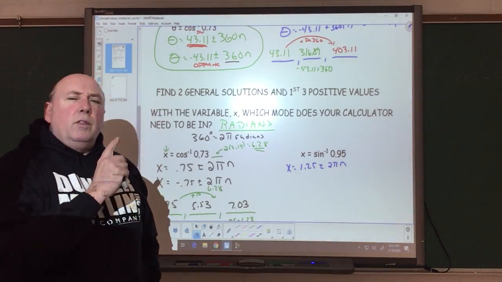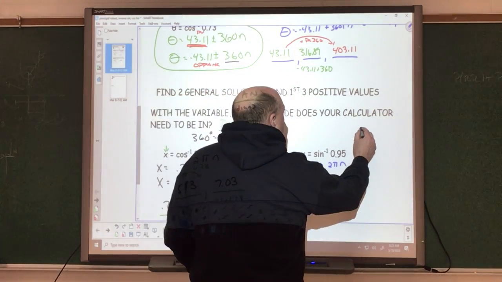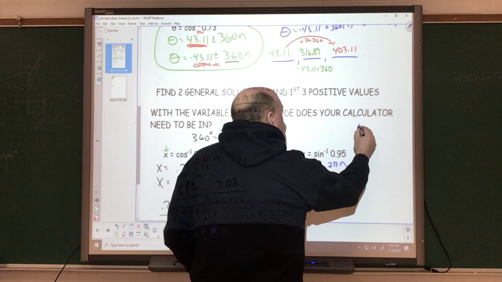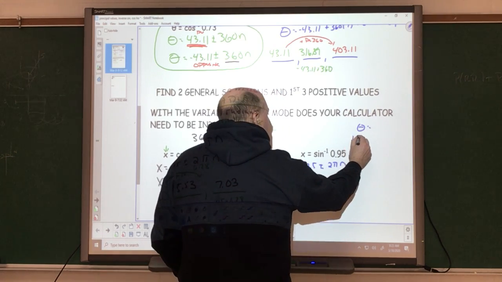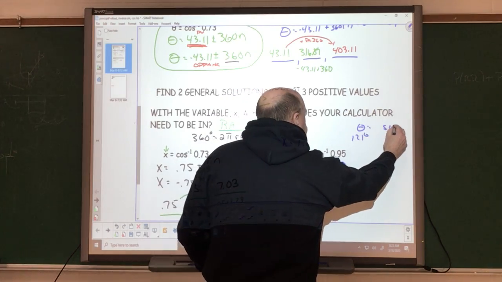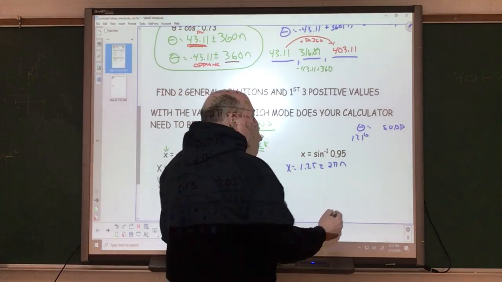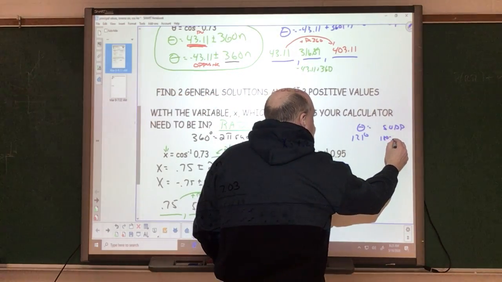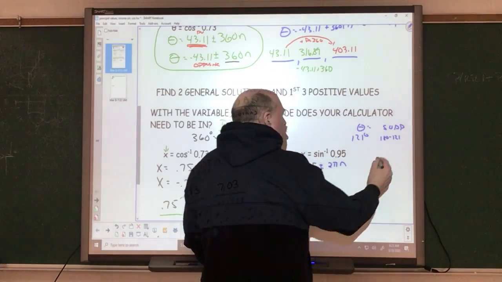Now, as we worked the supplement up above, when theta was 121 degrees, the supplement we can find by taking 180 minus 121. So we get a value of 59 degrees.